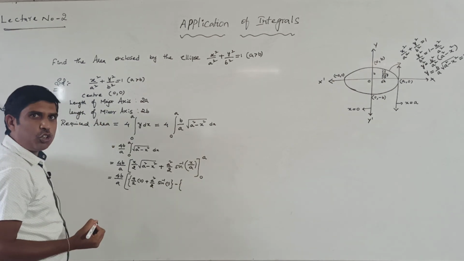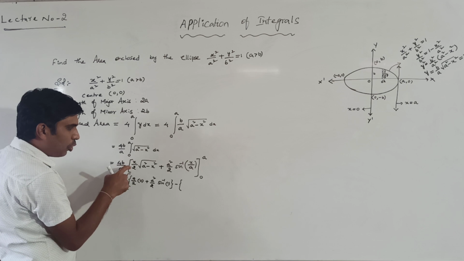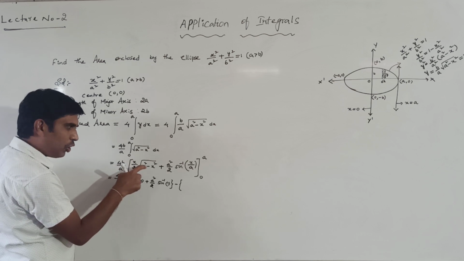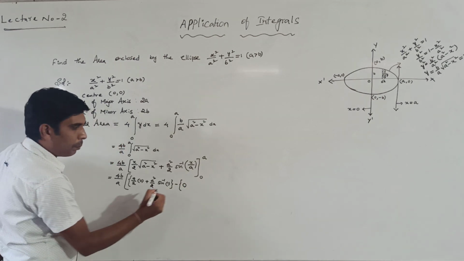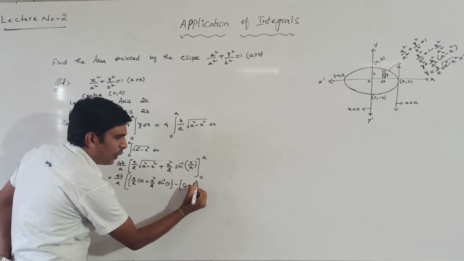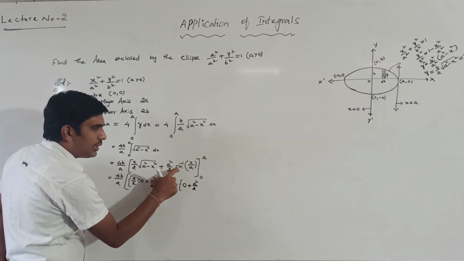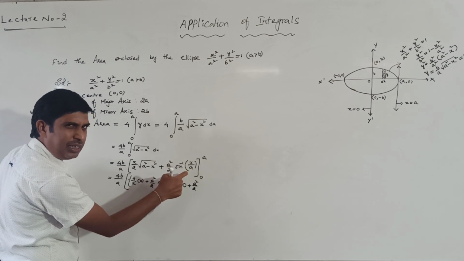Now the lower limit we have to substitute. Lower limit, what is that? 0. 0 by 2 is nothing but 0. 0 into this entire thing, nothing but what will we get? 0. Plus here a square by 2 sin inverse of 0 by a, 0 by something, nothing but 0.